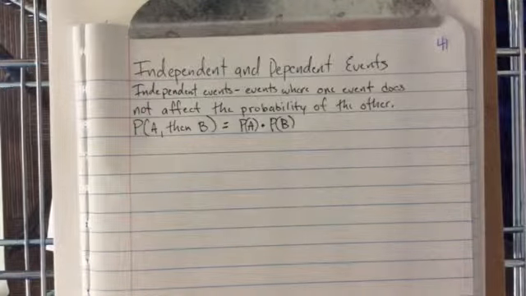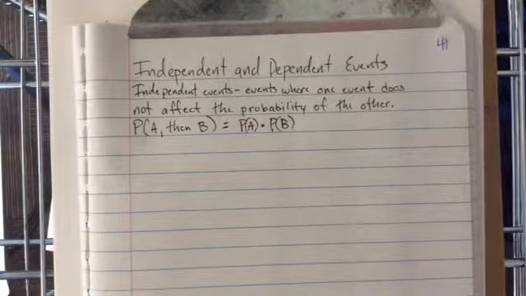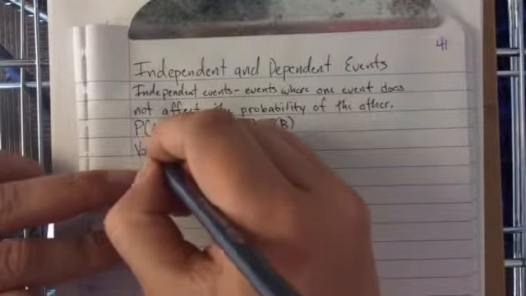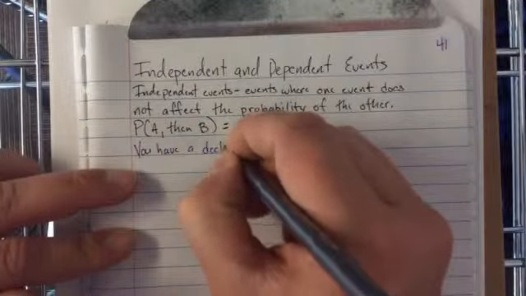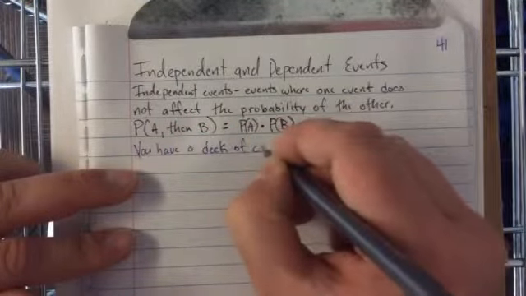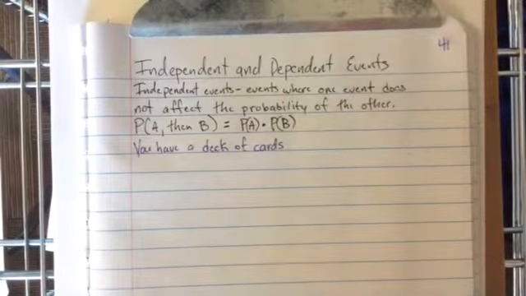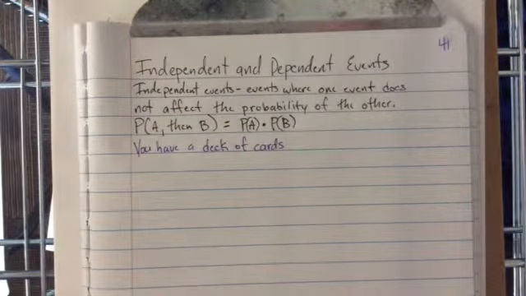So let's take a look at an example using a deck of cards. You have a deck of cards with no jokers. So how many cards is that? 52. There are 52 cards.